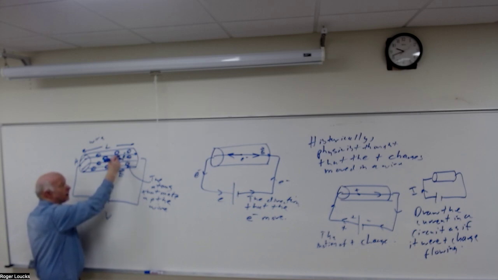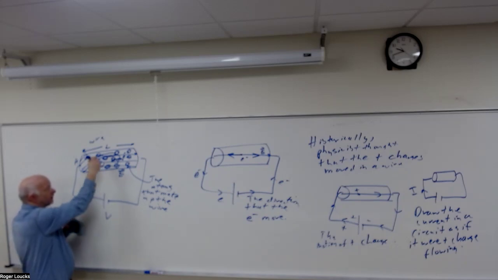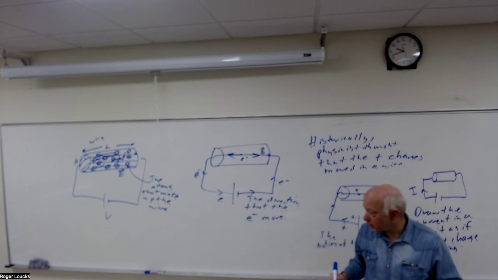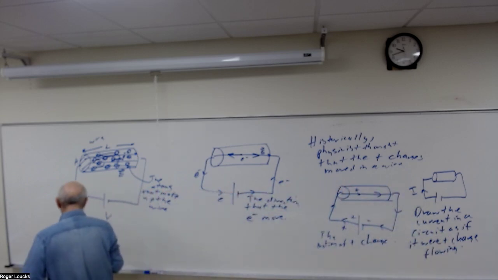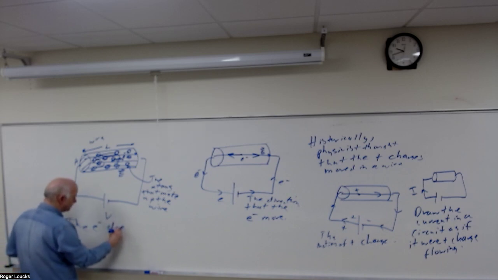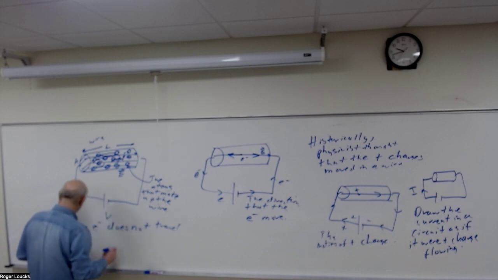The force is still going that way, so it's going to come back here, smash into this one, recoil, go this way, smash into this one, recoil, and it's going to hit all these things as it goes along. Does that make sense? So the electron does not travel in a straight line.